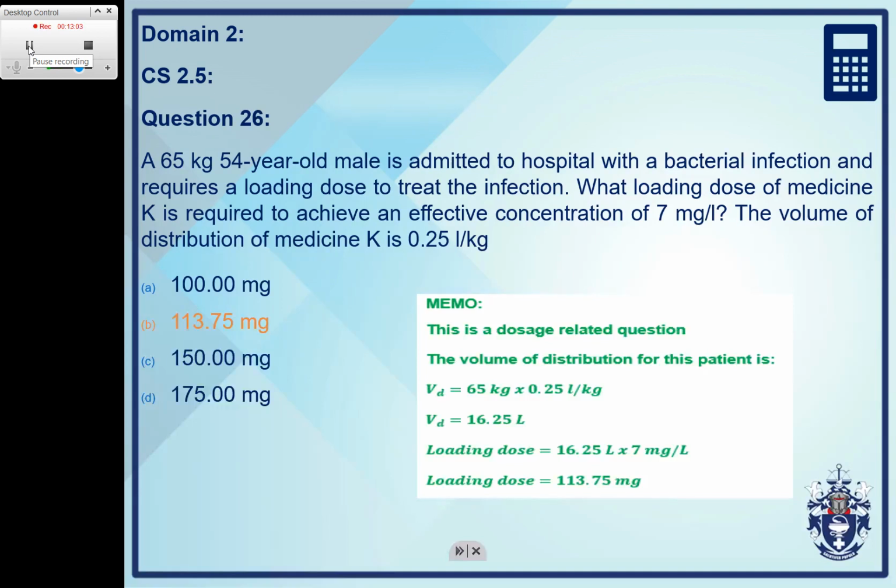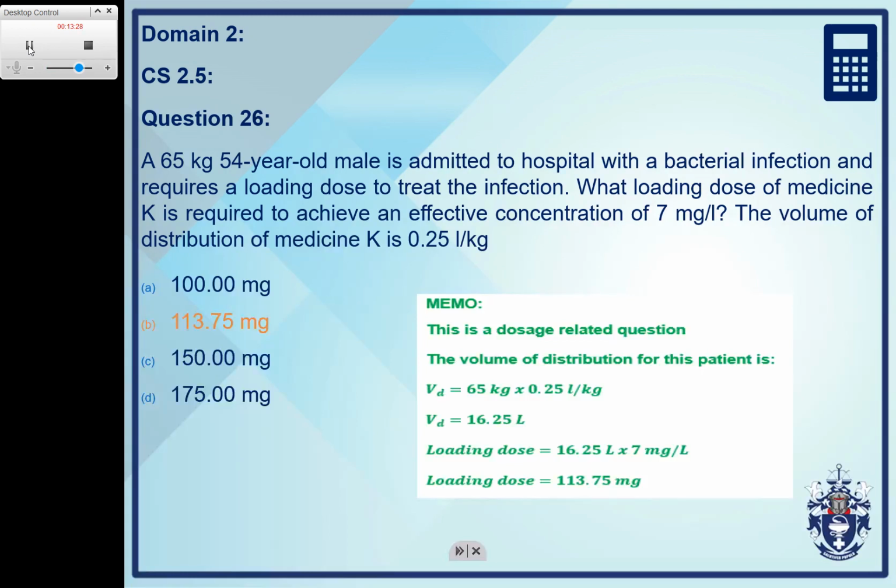Your patient weighs a total of 65 kilograms. So in order to calculate the volume of distribution for the drug in this patient, you will have to multiply the weight of the patient by the volume of distribution in liters per kilogram, and then you will get a total volume of distribution of 16.25 liters.